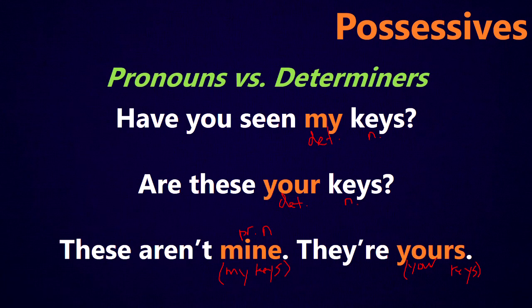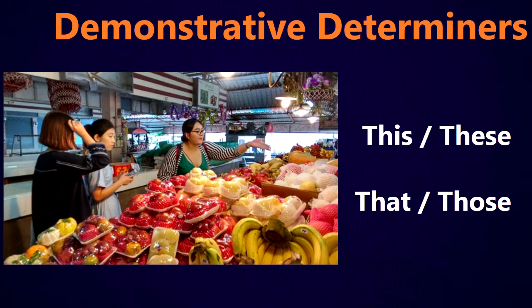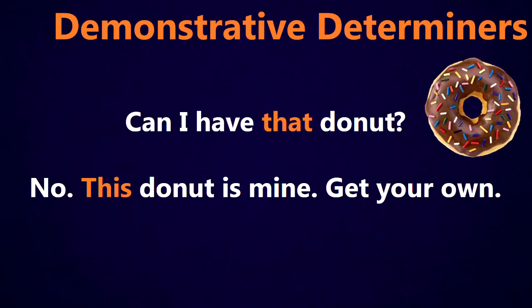So you see here, yours is a pronoun. Your is a determiner. So yours has the S, your doesn't. My is a determiner, mine is a pronoun. So the forms of the words are different, but with the demonstrative determiners, the form doesn't change. It's the same as the pronouns.